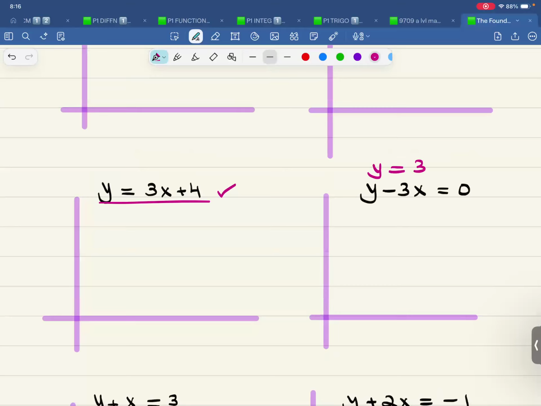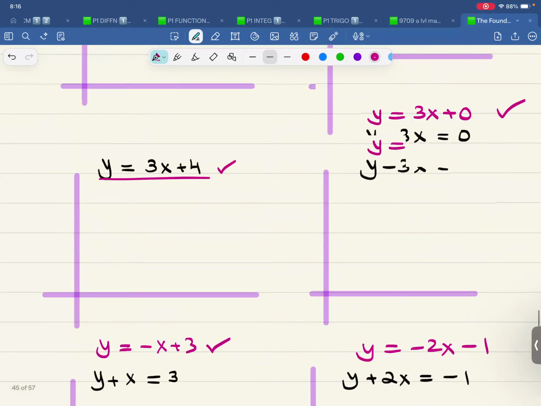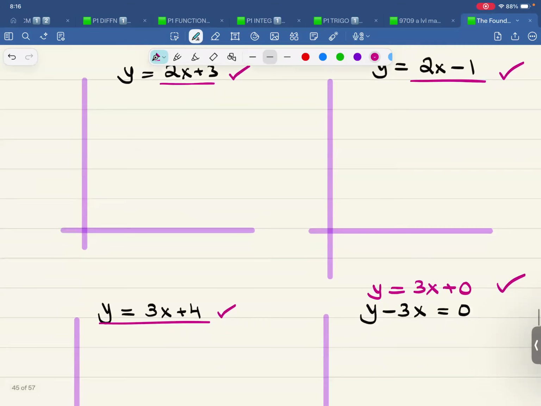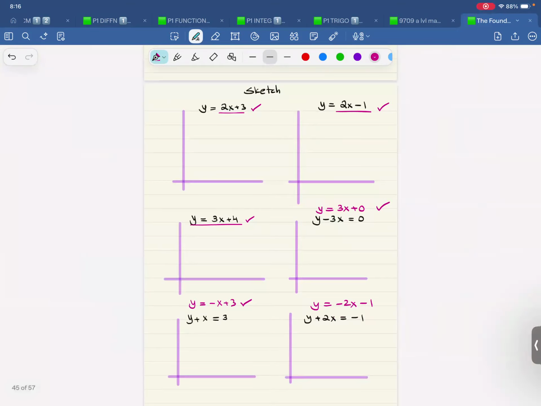This becomes y is equal to 3x plus 0. Now it's in the standard form. y plus x is equal to 3, y is equal to minus x plus 3. Now it's in the standard form. y is equal to negative 2x negative 1. Now it's in the standard form. So I hope just have a good look. It's all good, all clear. Standard form of equation of line.